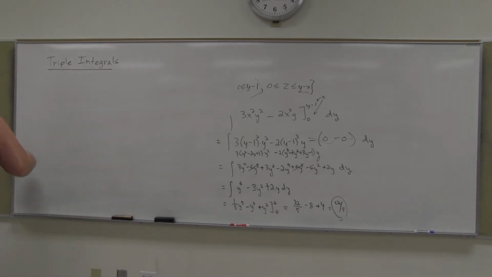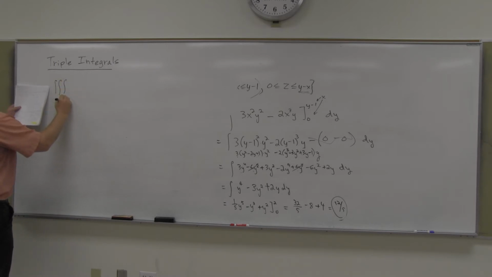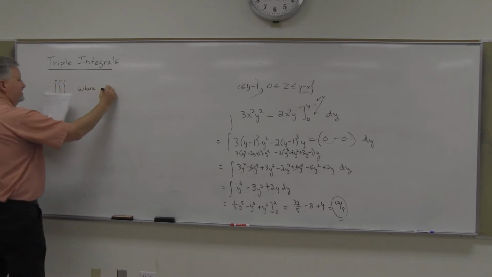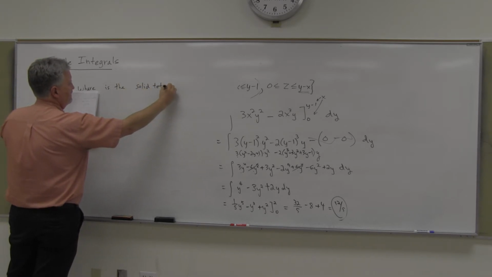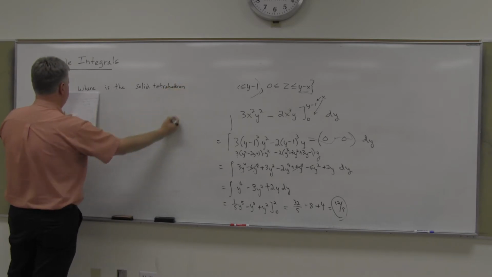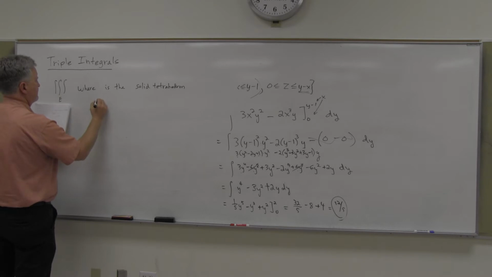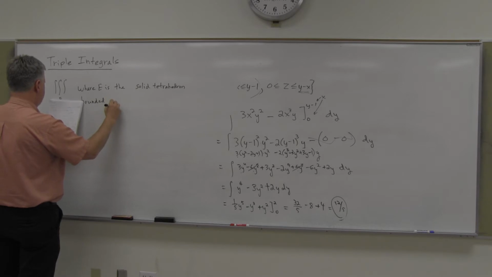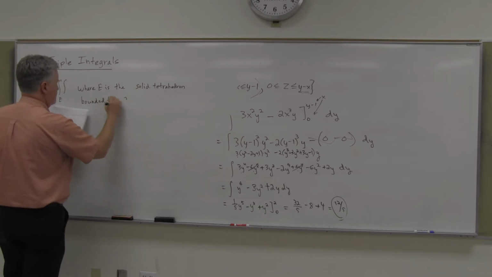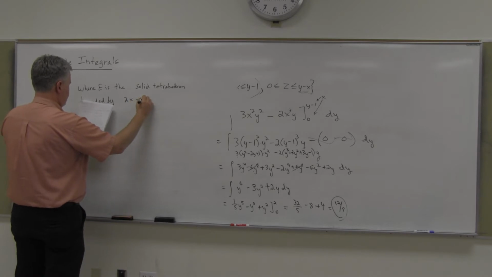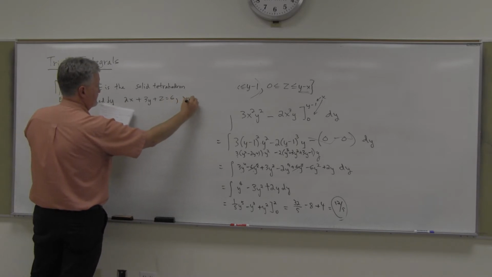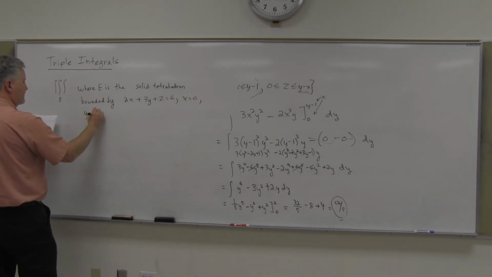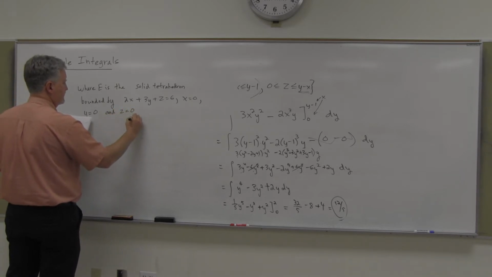How about the triple integral over E, where E is the solid tetrahedron bounded by 2x plus 3y plus z equals 6, x equals 0, y equals 0, and z equals 0.